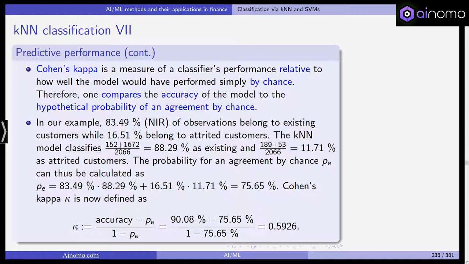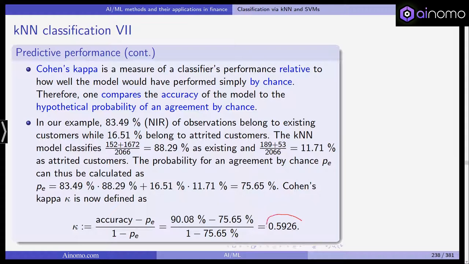So the probability for an agreement by chance can be calculated as you take the 83% times the 88% and the 16% for the attrited customers times the 11.71%, and this gives us 75.65%.